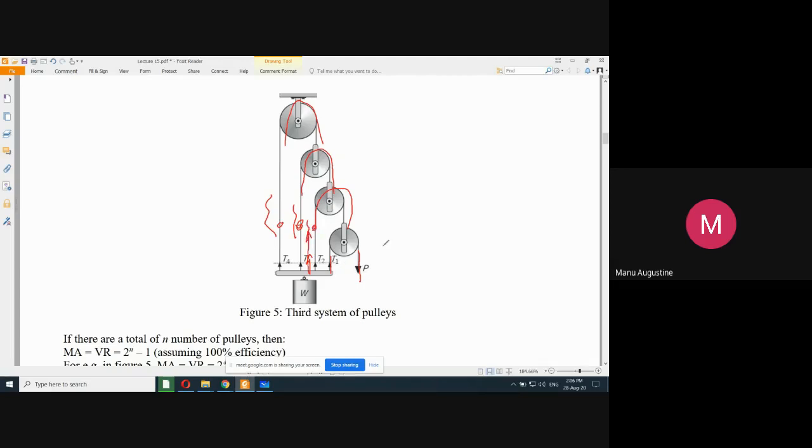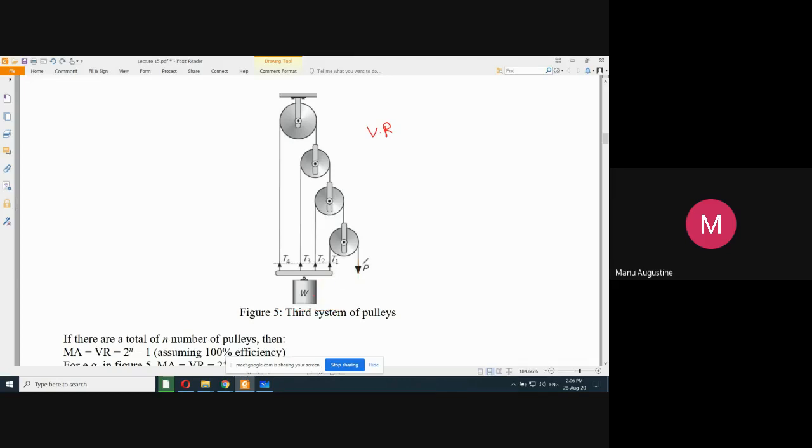ठीक है, now once again we are interested कि इस तरह के अरेंजमेंट का वेलोसिटी रेशियो क्या होता है. We are interested to find this out. ठीक है, so let us find out what is this. The first thing is, once again you pull the rope a little and when the weight is slightly lifted above the ground, जमीन से थोड़ा सा ऊपर ये उठ जाए तो इसको पकड़ के रख लो.